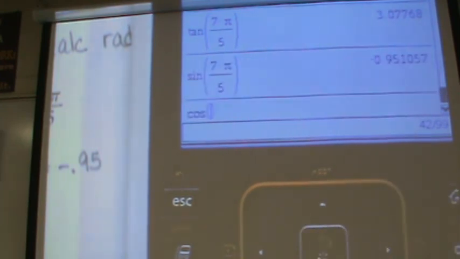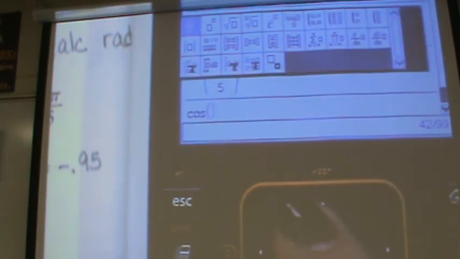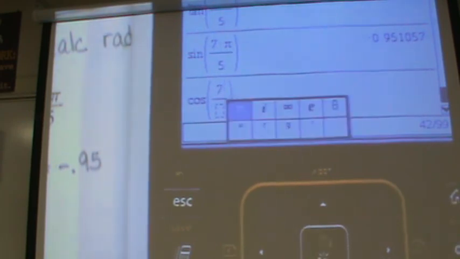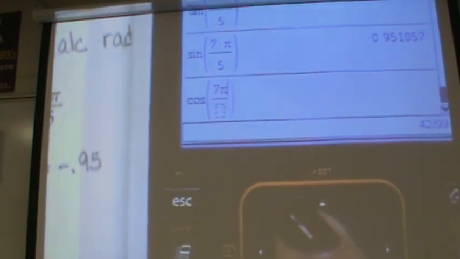So now do cosine, we're going to do the same thing. 7 pi over 5. Hit enter.